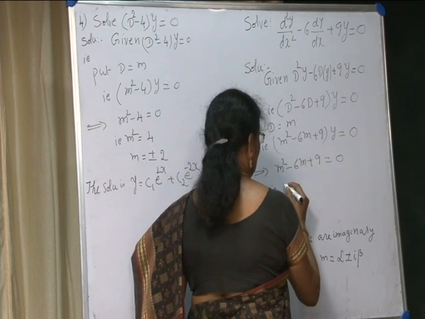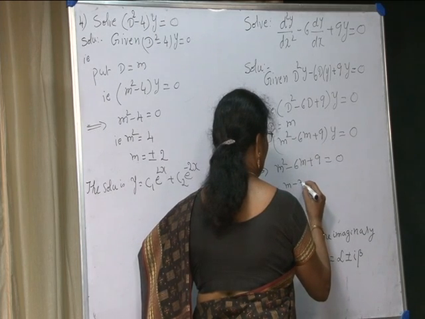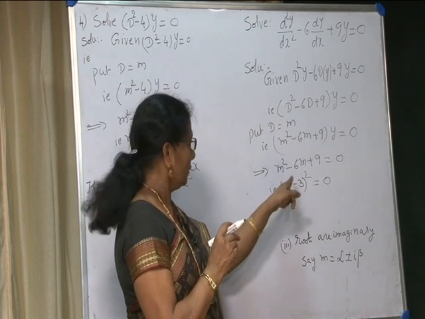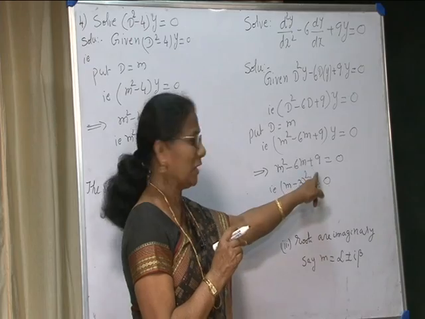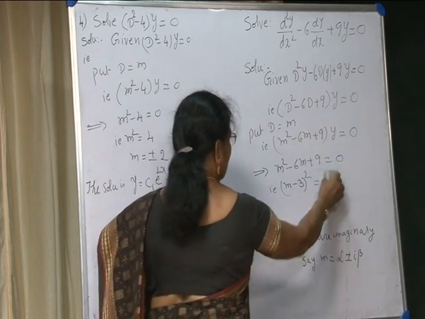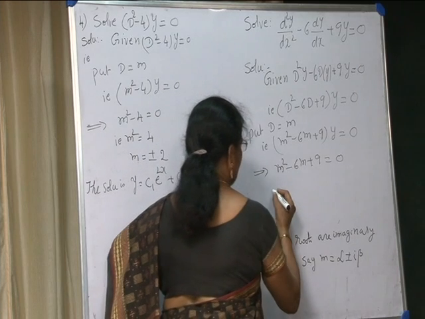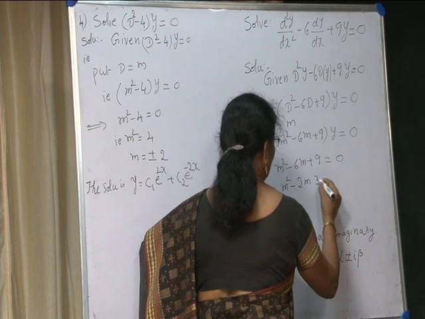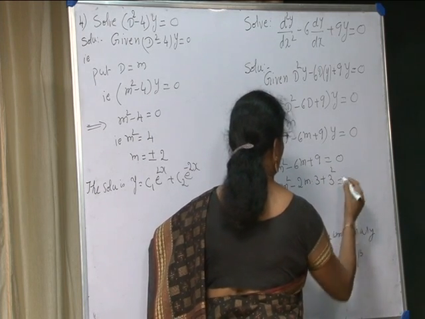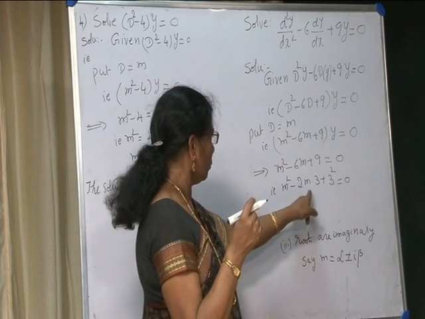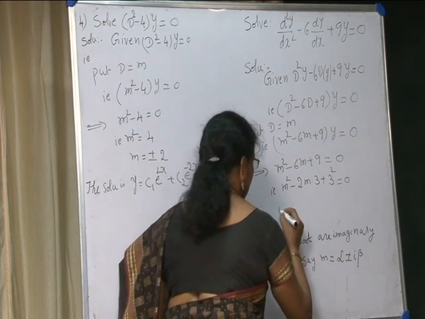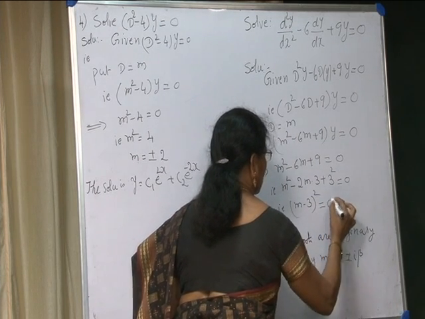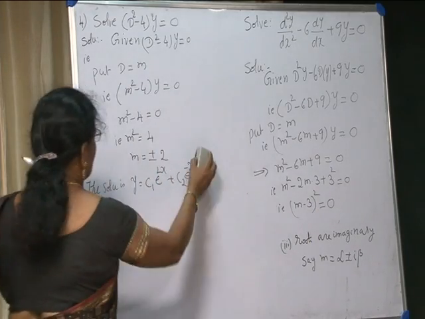That is m minus 3 whole squared is equal to 0. m squared minus 2 into 3 into m plus 3 squared. See, I will write another step, I will show it. That is m squared minus 2 into m into 3 plus 3 squared. a squared minus 2ab plus b squared is a minus b whole squared, equal to 0.